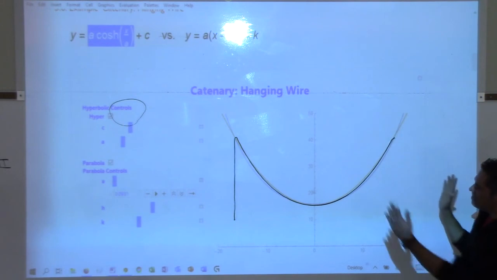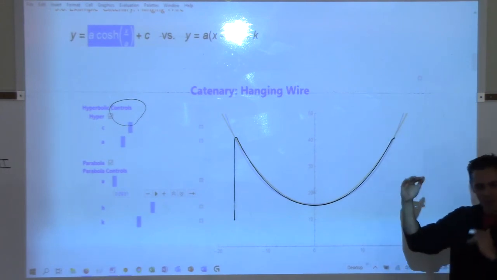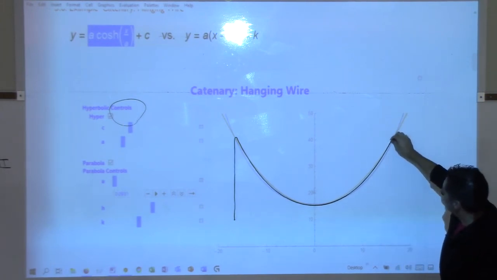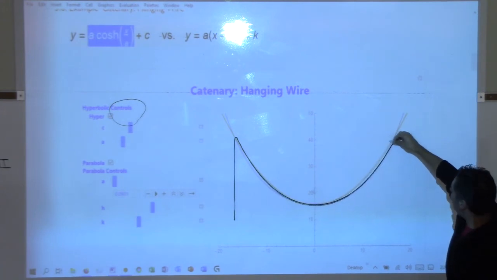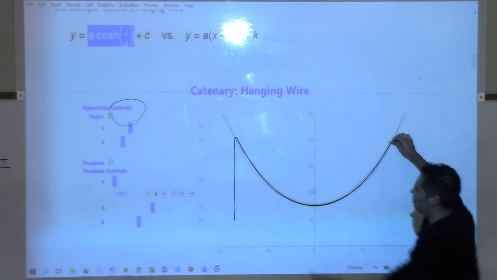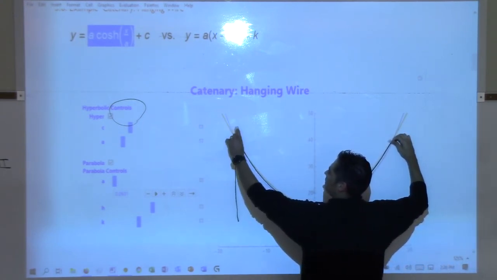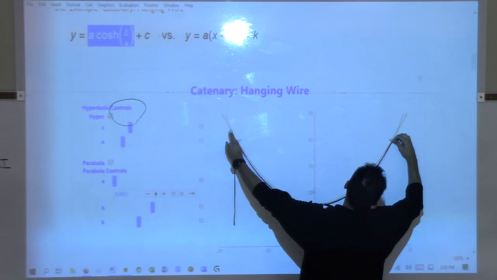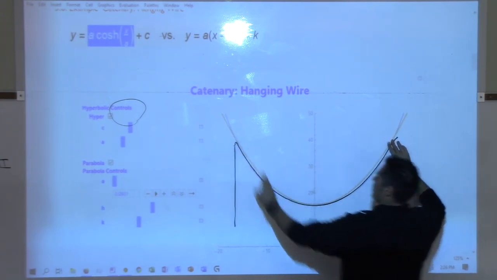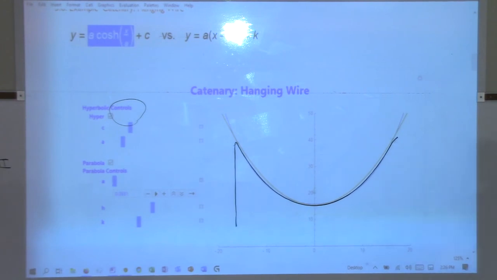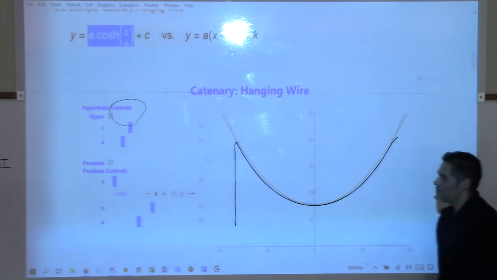I think maybe my scaling on my graph is not right, not 1-to-1, but the only way to do a catenary is to use a cosine hyperbolic function. I'm trying to see if I can. Can y'all take it on faith or not? Yeah. That's better. So parabolas don't work.